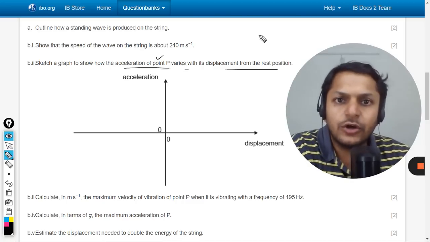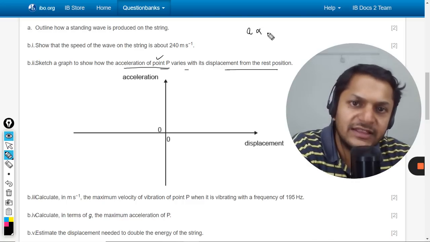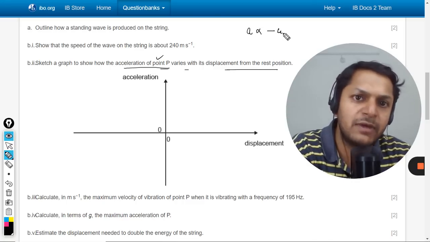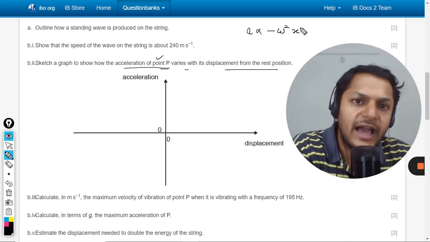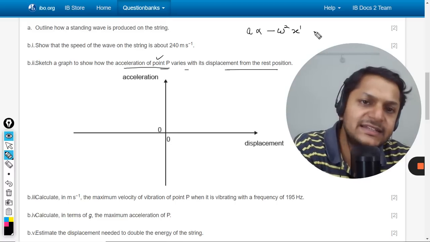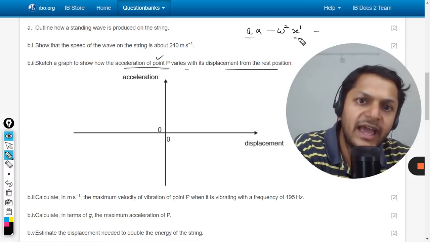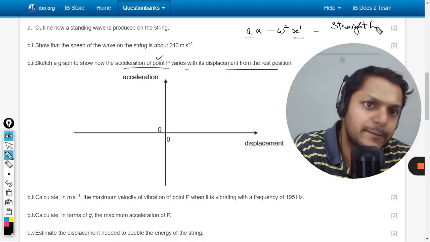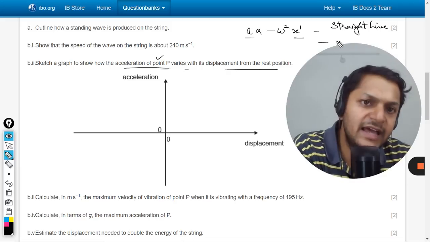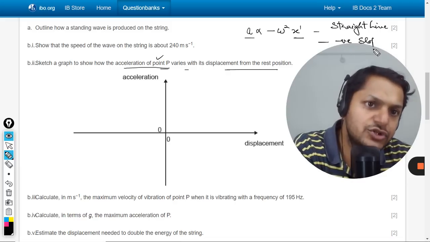So we know that the acceleration in simple harmonic motion is minus omega square x. Clearly, x raised to power 1. So I can say that the graph between a and x will be a straight line, and that even with the negative slope.